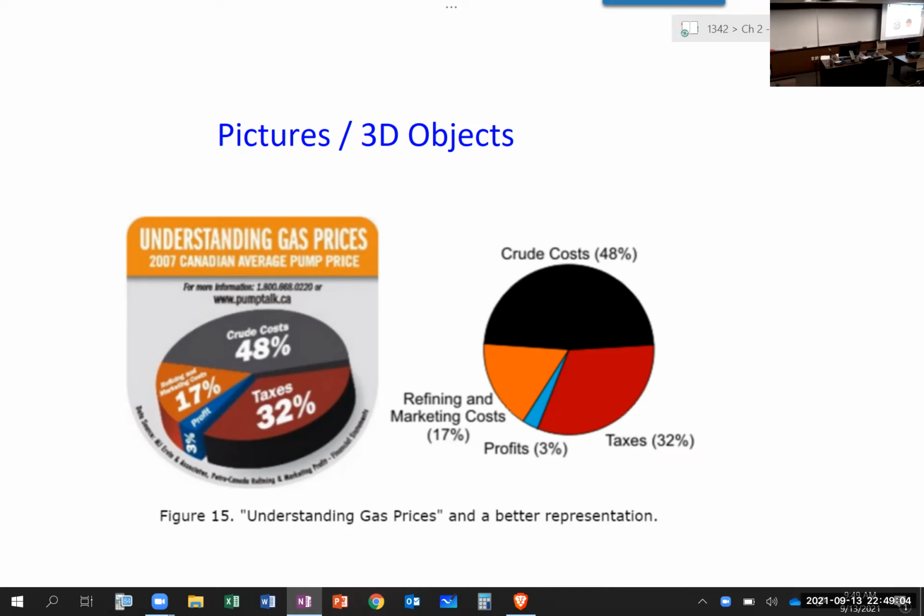If I'm looking at the understanding of gas prices right there, according to the left graph, which is 3D, it almost implies that the taxes, which are 32% right there, look like the biggest chunk, doesn't it? Pictorially. Even though we know we can say that the number 32 is obviously less than the number 48.